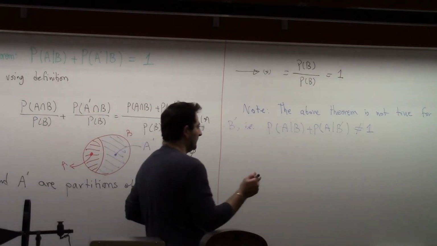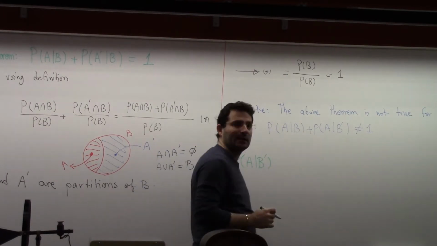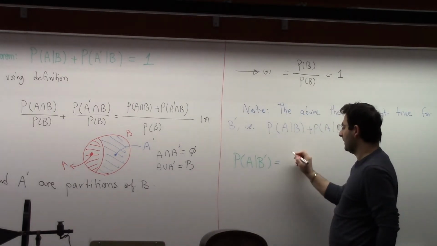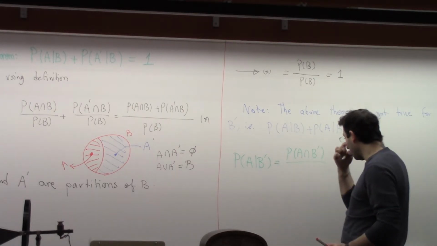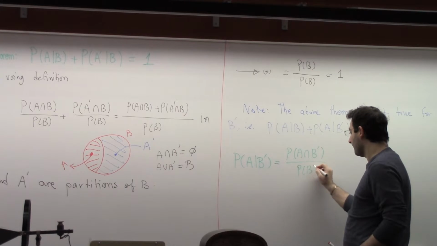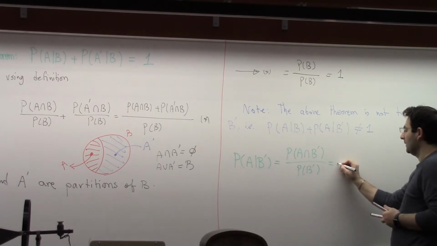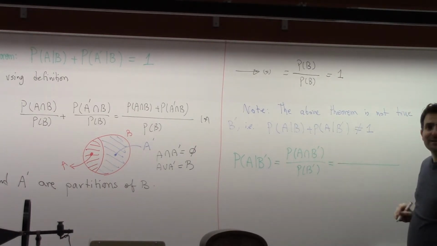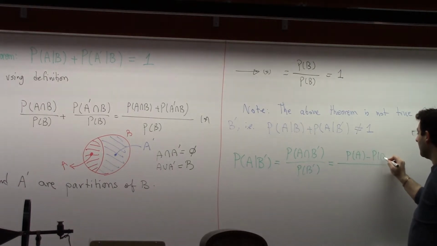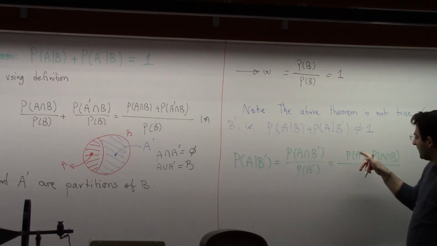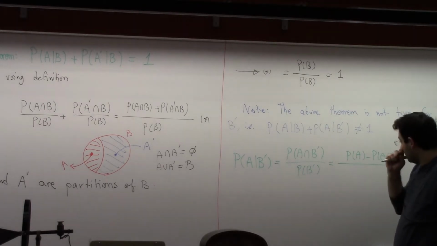Probability of A given B prime is equal to probability of A intersected by B prime divided by probability of B prime, which is equal to probability of A minus probability of A intersected by B, because A minus A intersected by B is actually A intersected by B prime.